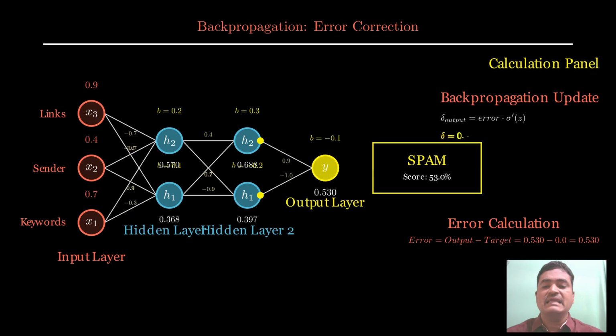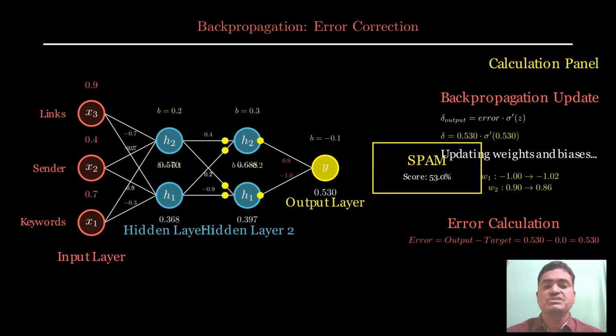Every weight label changed color to red as adjustments were made, creating a visual cascade of learning happening simultaneously across all connections, demonstrating how the network learns from its mistakes by fine-tuning every connection weight based on how much each contributed to the prediction error.